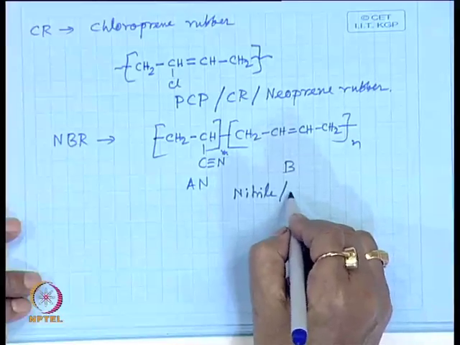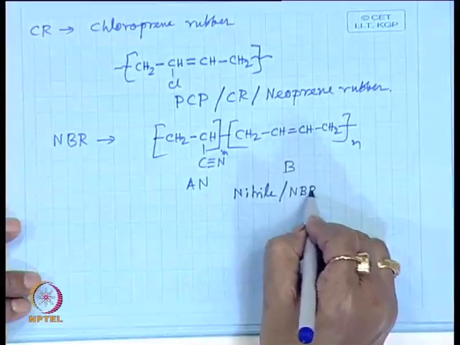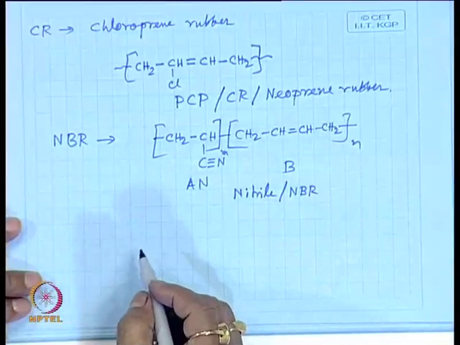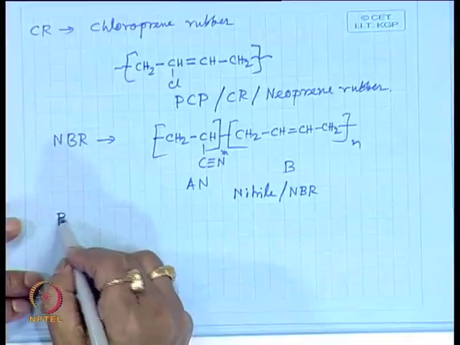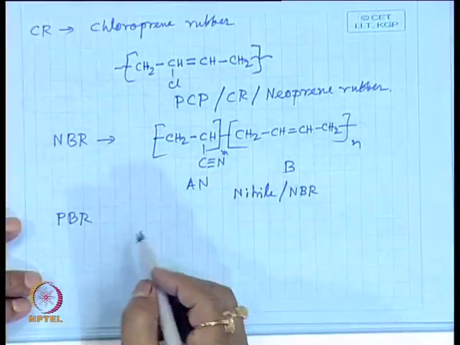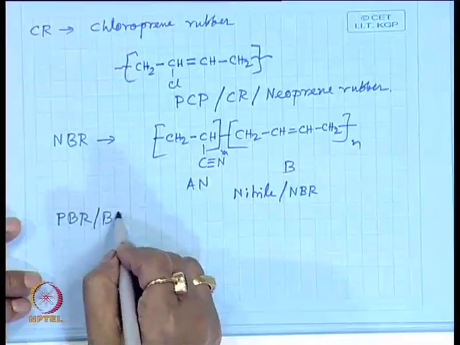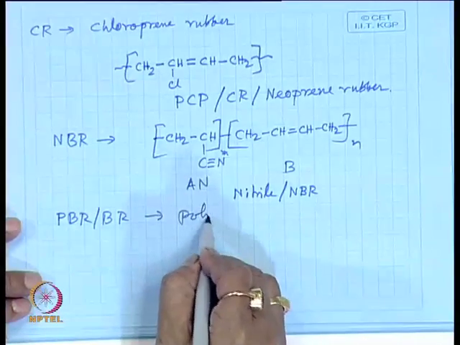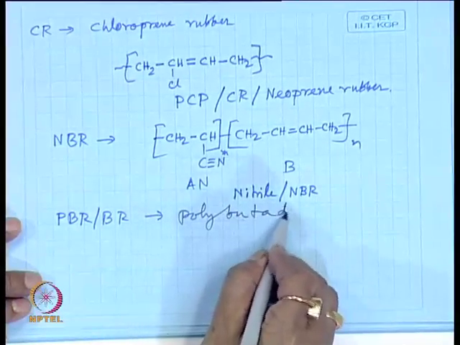Nitrile or NBR rubber. PBR, polybutadiene, you have seen earlier polybutadiene, PBR or BR, polybutadiene rubber.